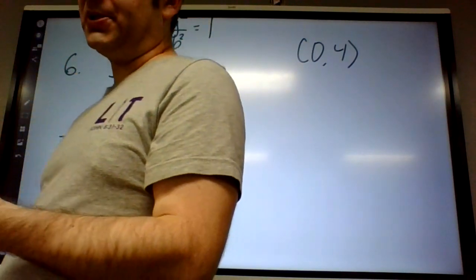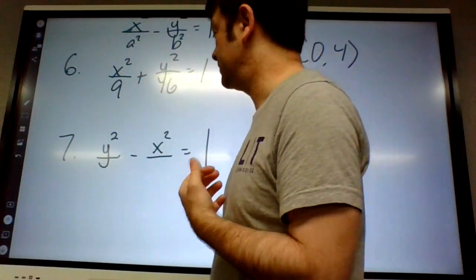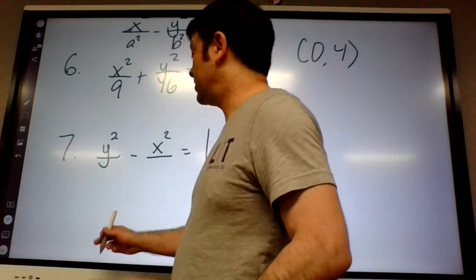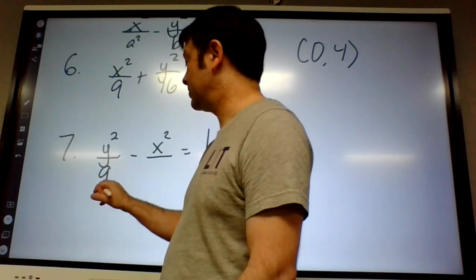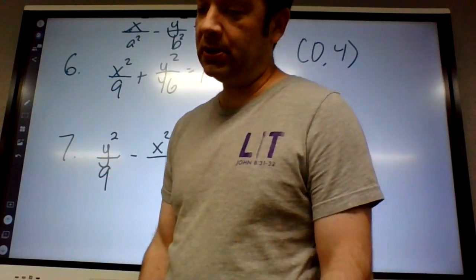Okay, and the vertex is at 0, -3, one of the vertices. So it's 9, 3 squared.